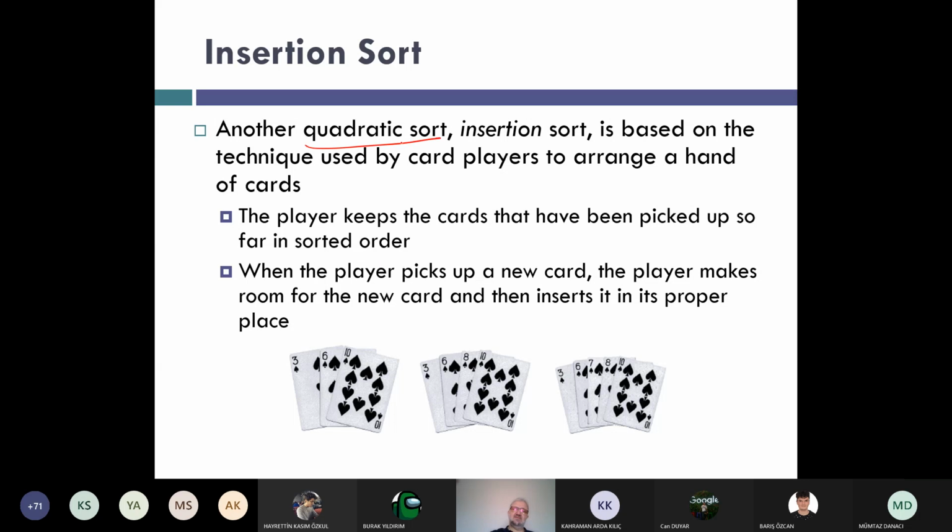The insertion algorithm is a quadratic sort algorithm again. It is similar to how card players arrange their hands. So we keep a sorted list of cards, and after picking another card, we put it in its place, for example, 8 in this case, and 7 in this case, etc. So inserting a new card into the hand is performed one card at a time.